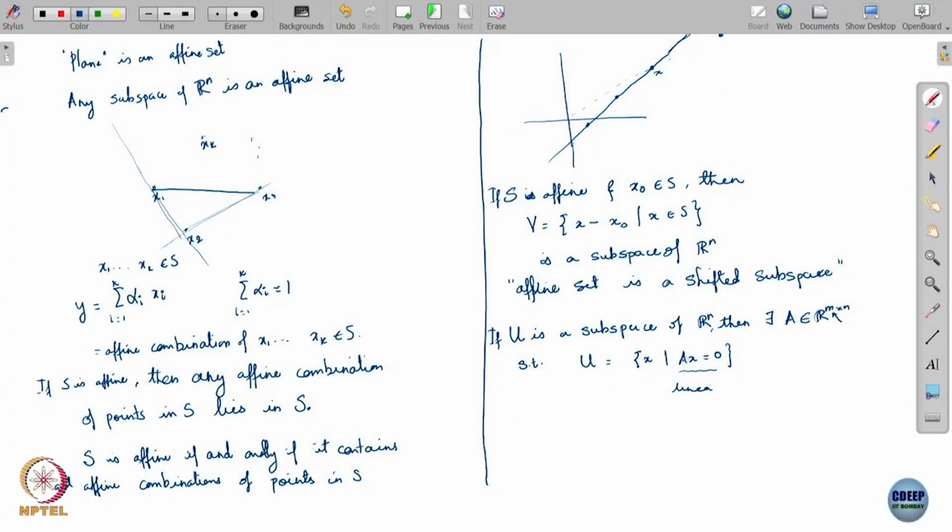So, these are linear equations with 0 on the RHS.